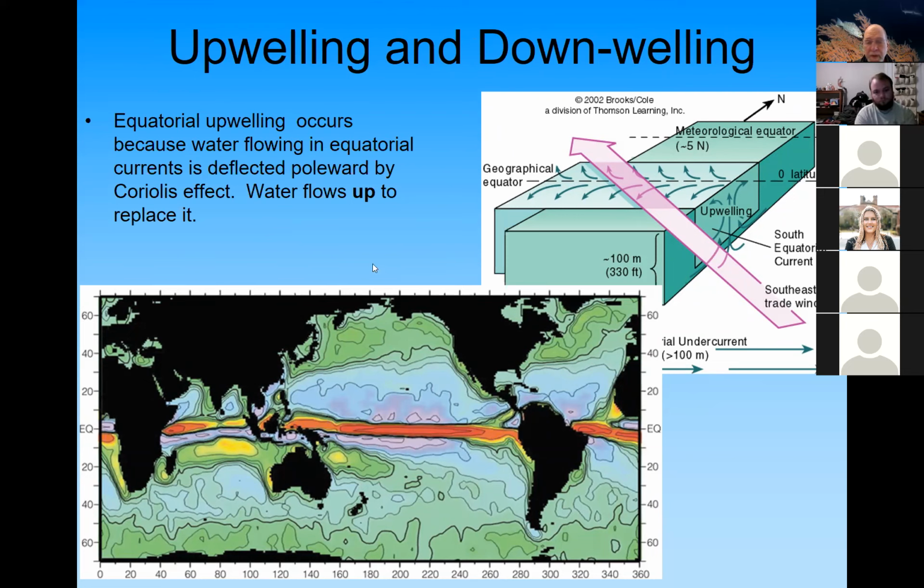Right? And we'll see that when we start looking at the distribution of primary productivity in the world's oceans. You'll notice that there's going to be a pattern of high productivity in the central equatorial Pacific region, also in the equatorial Atlantic region and Indian Ocean as well.